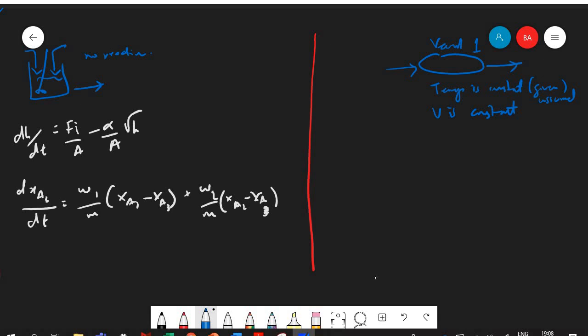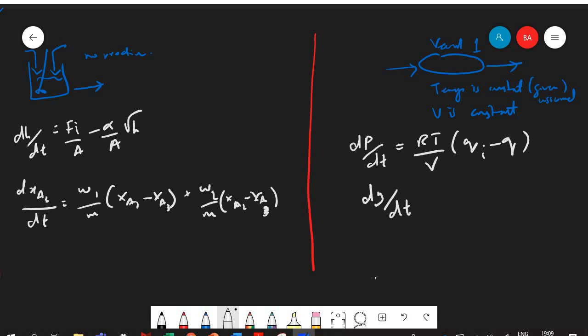Then we developed our equations, and the equation that we obtained was dP by dt is equal to RT over V into Qi minus Q, and then we had an equation for Qi and Q. We then obtained an equation for the vapor composition, which was equal to RT over PV multiplied by Qi into Yai minus Ya.